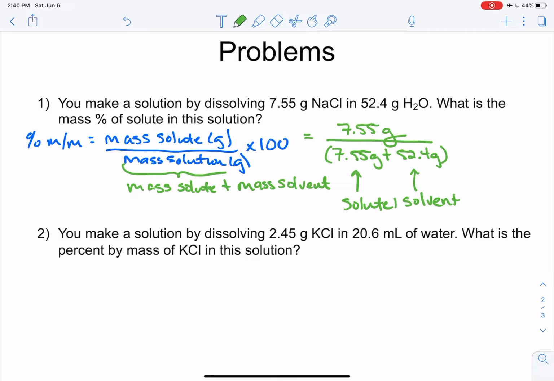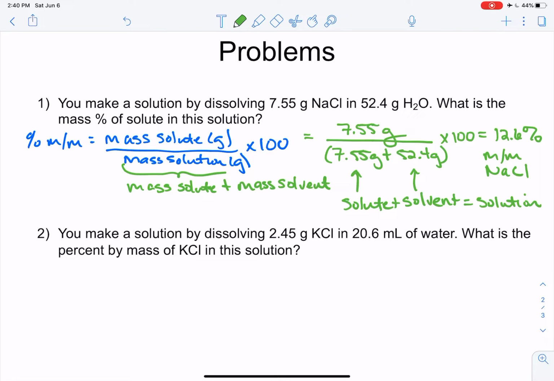And when we do solute plus solvent, that is what? That's solution. Okay, and then we're going to multiply that by 100. And we have 3 sig figs all the way around here, and we're going to get for ourselves a 12.6% M over M sodium chloride solution right there.